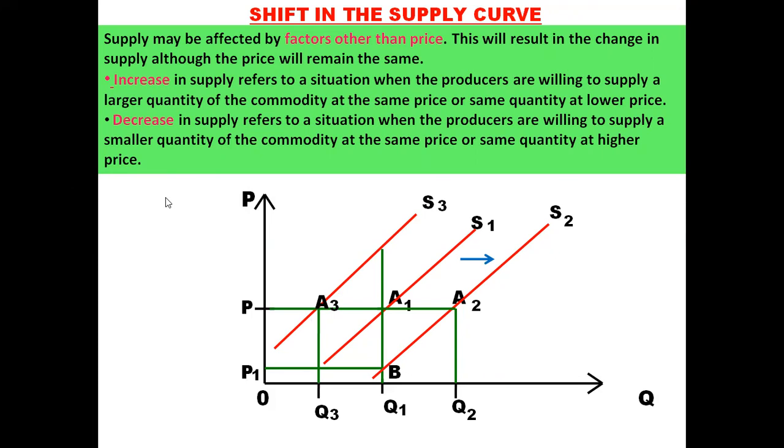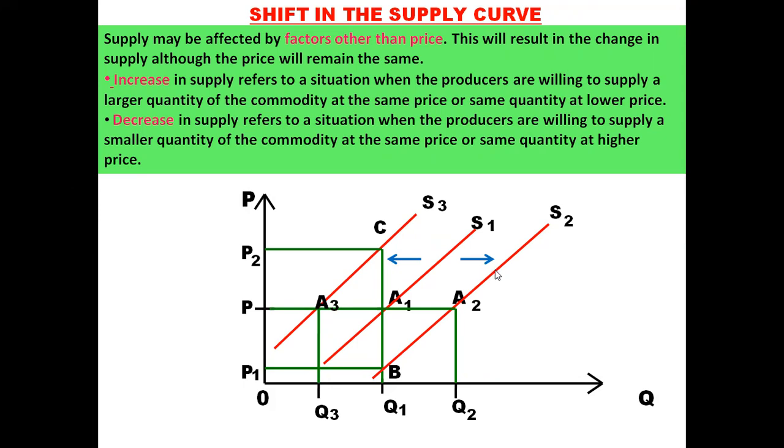Usually when the price rises, the producers supply more. But here the producers supply the same quantity. That is known as decrease in supply. So when there's a rise in price, the producers supply Q1 units, which is shown by point C on the supply curve S3.